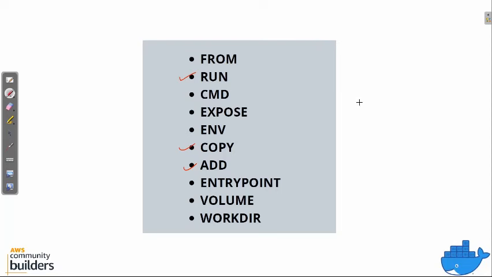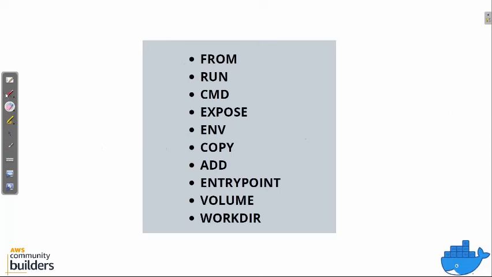Whenever in a Dockerfile we write RUN, COPY, or ADD, that means a new layer will be created on top of the already created layer. I hope this is clear. Now we'll see one by one what the use of these commands is.